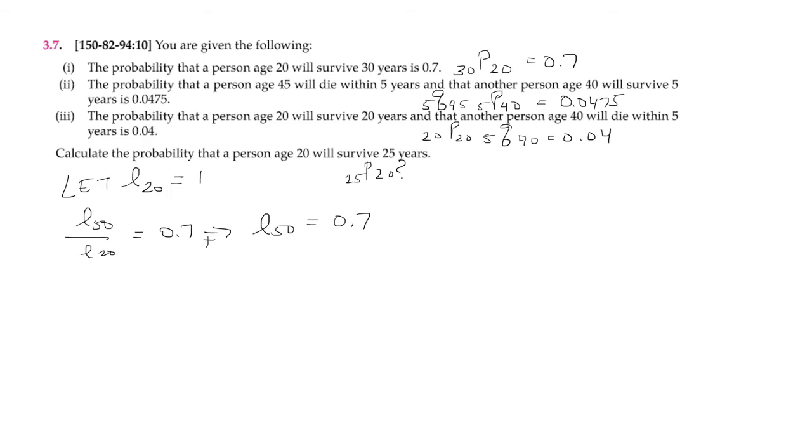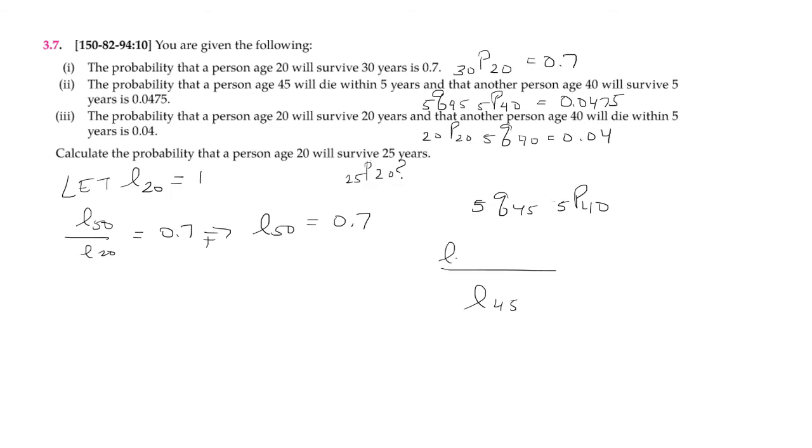Okay, now let's work with the second and third bullet points. Let's start with the second one. We have 5q45 times 5p40. I'm just going to write it using the formula.